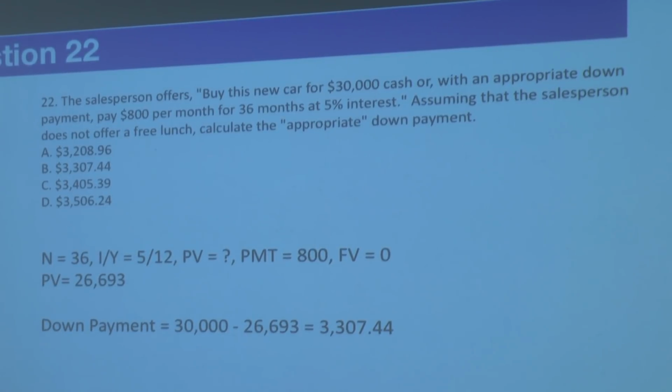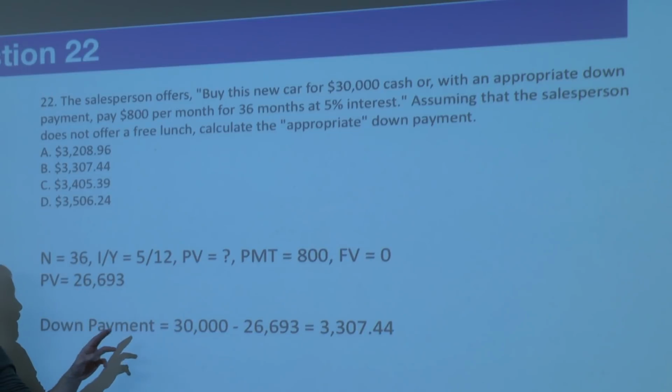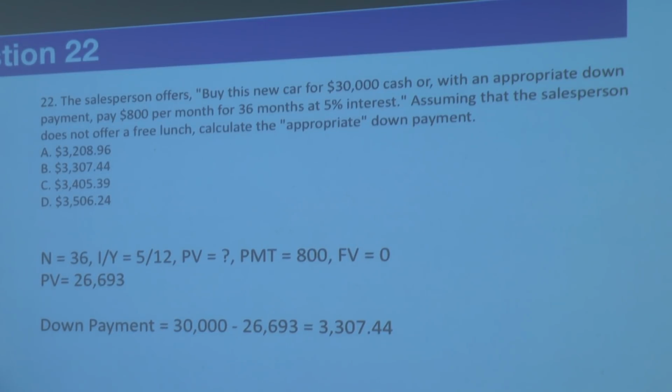Yeah. What did you say does not offer a free lunch means? Does not offer a free lunch means that it cannot turn out that by paying in installments you pay less than paying cash immediately. It's not offering you something where you delay your payments and in the end you pay less. It's basically a cue to tell you the present value of the two options is really the same.